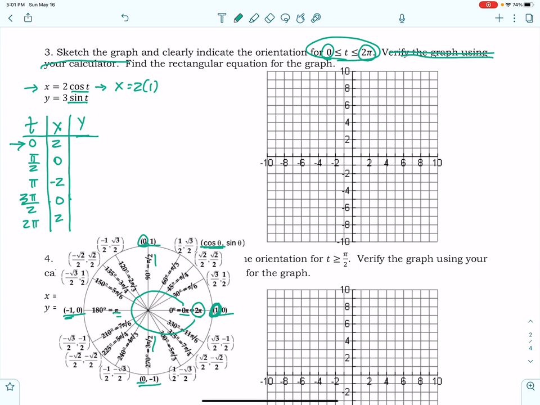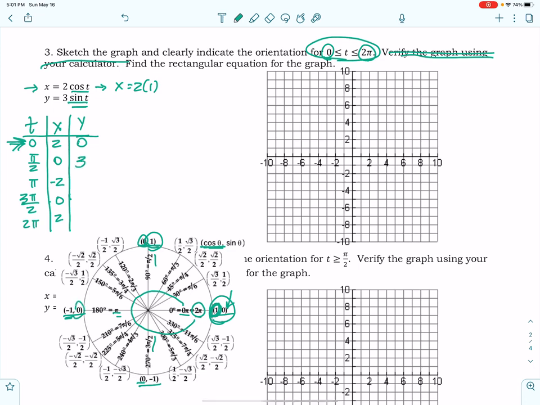We're going to go around the unit circle again now and find our sine values. So y is equal to 3 times the sine of t. So at 0, again, that's right here, our sine value is 0, so 3 times 0 is 0. At pi over 2, the y value is 1, so this would be 3 times 1, which is 3.